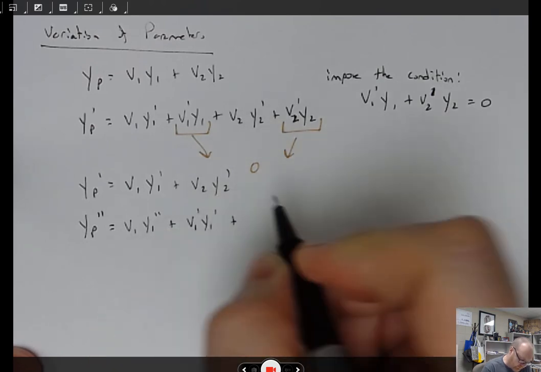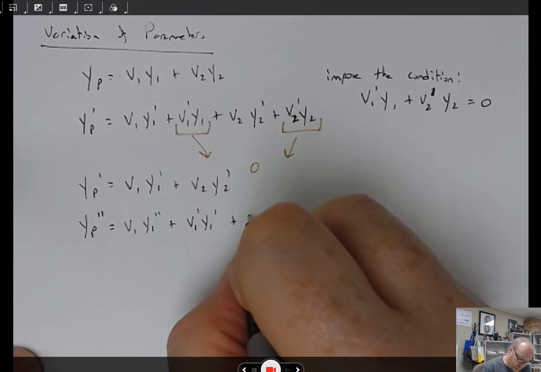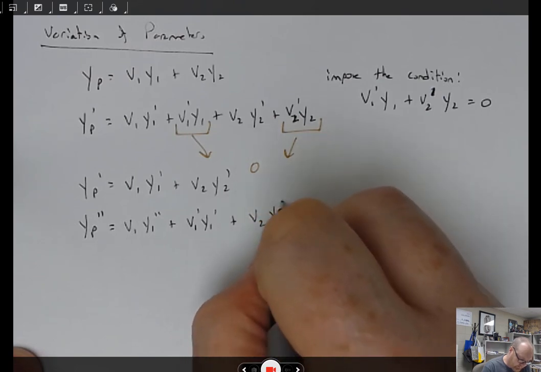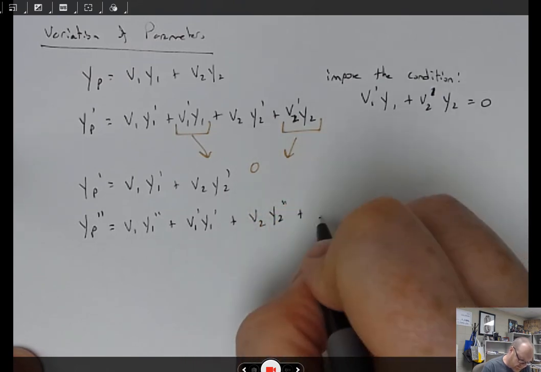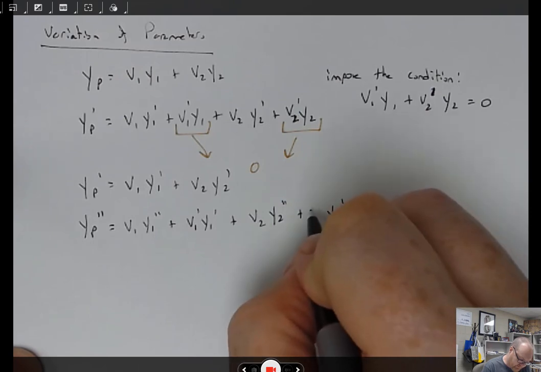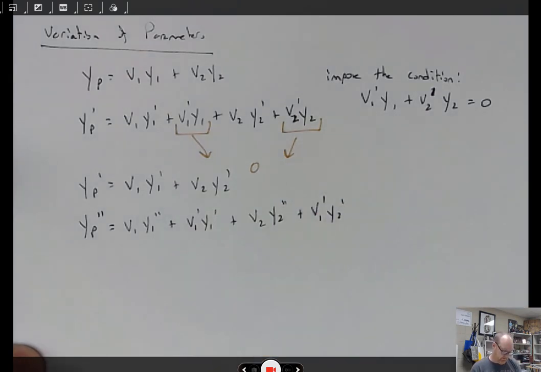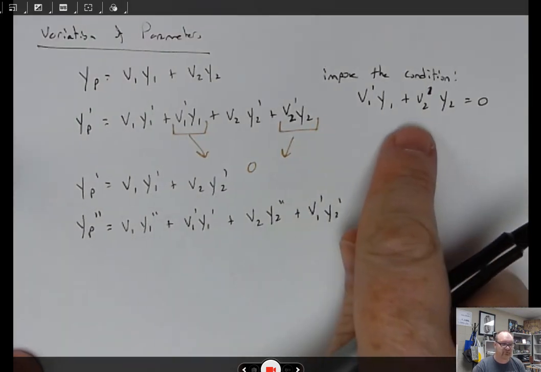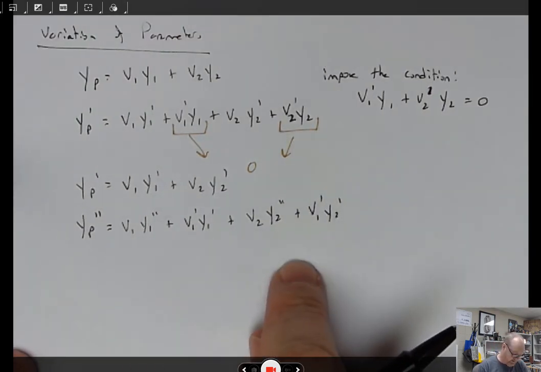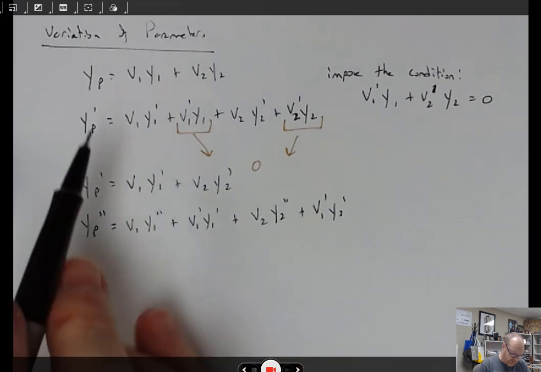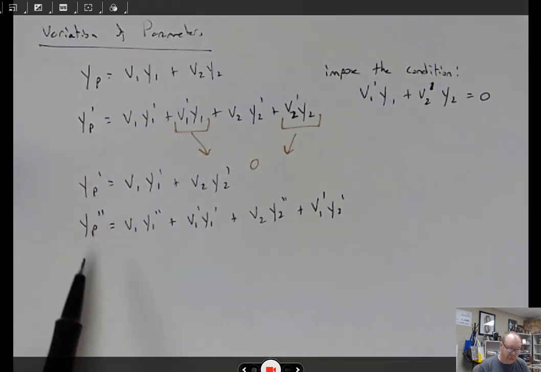And then the second product rule is first derivative of the second plus the second derivative of the first. Okay, and so I can't make use of this condition. I don't think that exists in that piece. But at any rate, we've got a function. We've got its first derivative. We've got its second derivative.